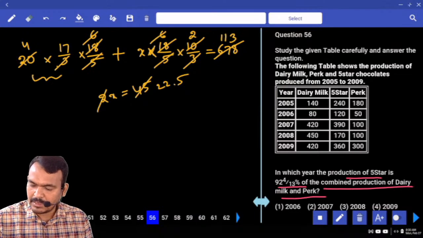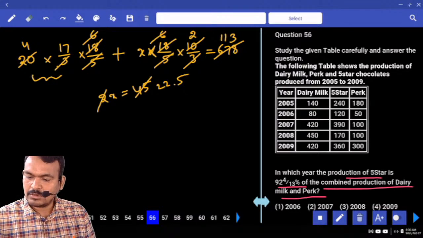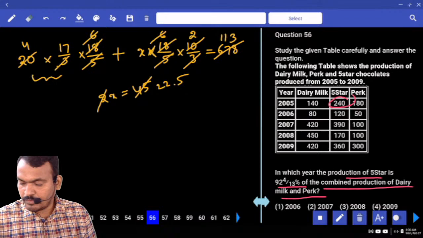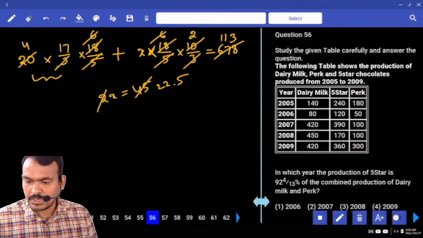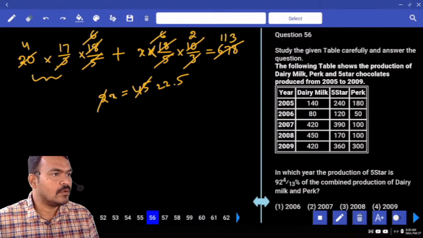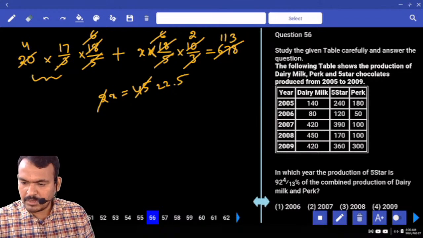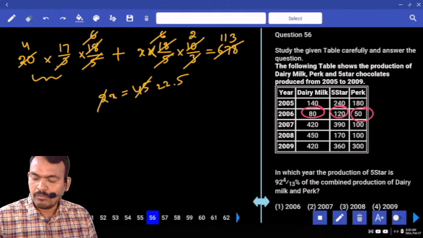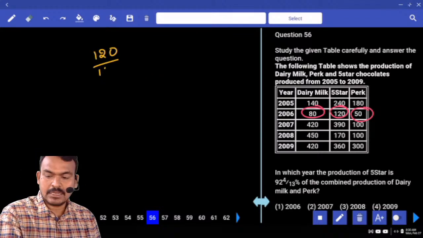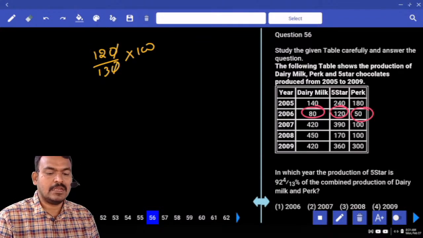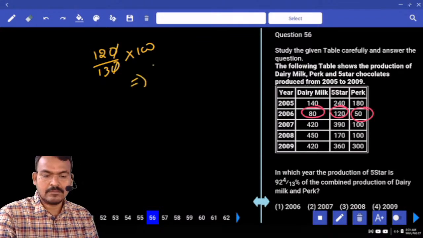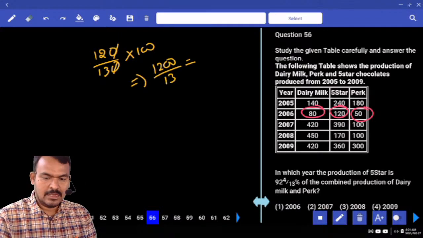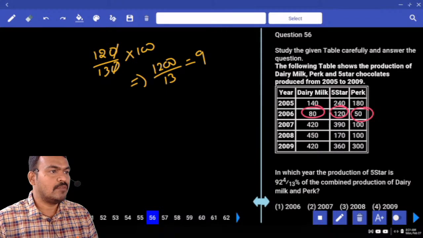First, 5-star in 2005 is how much? 240. But in options there is no 2005. Okay, 2006. What is the 5-star value? 120. Dairy milk and perk 130. This one we wrote as T into 100. Zeros are cancelled. 1200 by 13. 13 9 is 117.